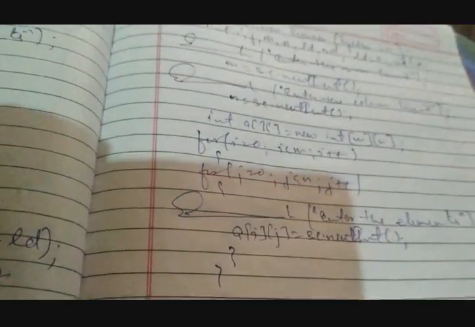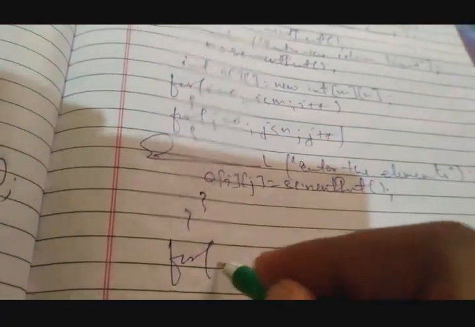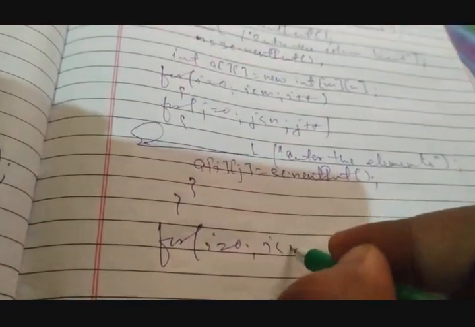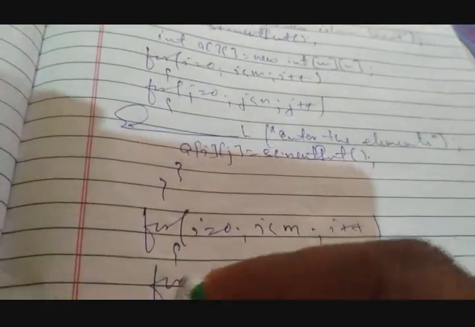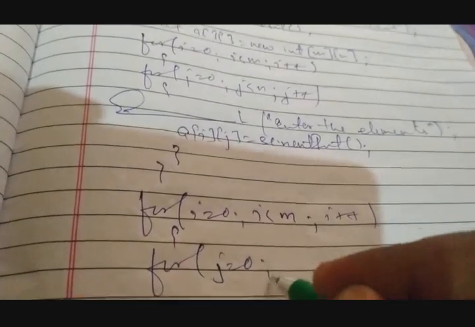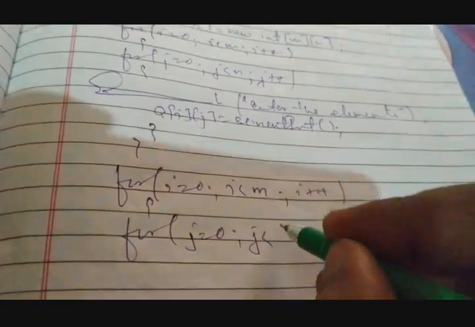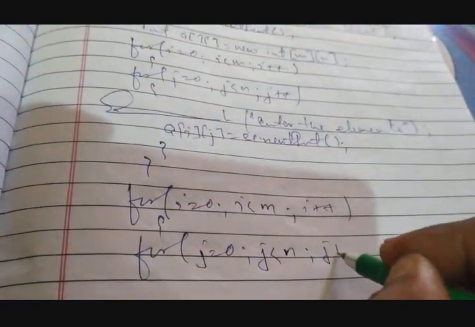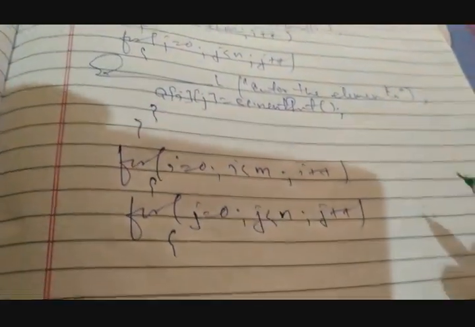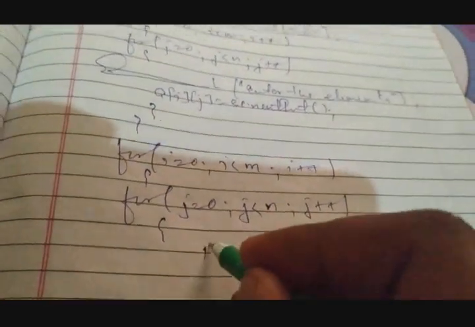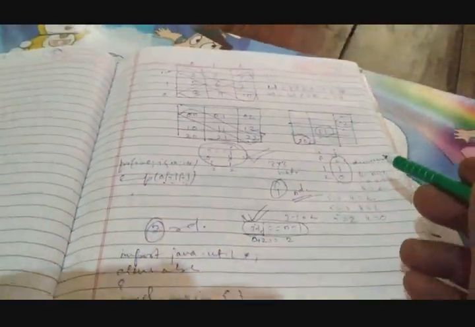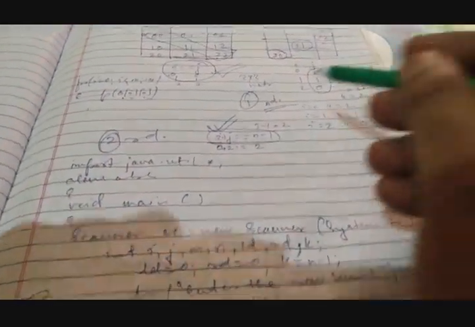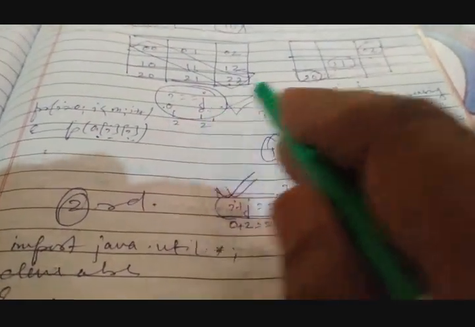And now for i equals 0, i less than m, i plus plus, for j equals 0, j less than n, j plus plus. Here you need to find the sum. What was the condition? If i is equal to j, then you are going to find the sum.